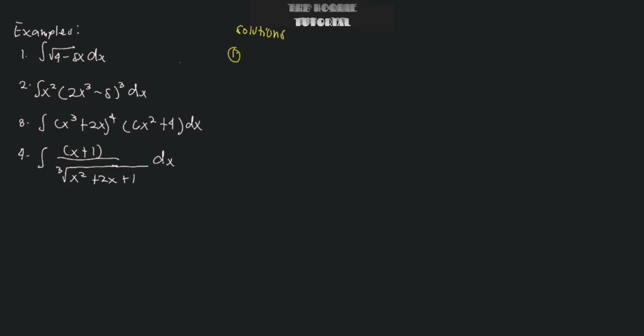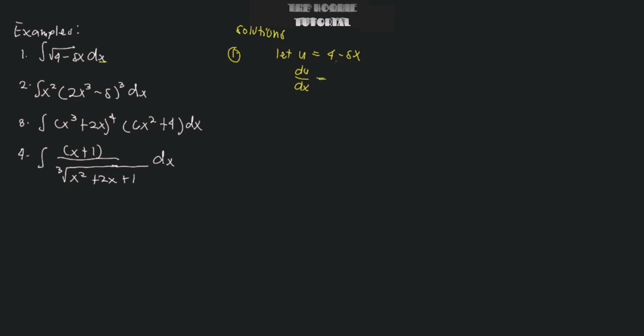In number 1, since we have the integration of the square root of 4 minus 5x, we can find out that the function is 4 minus 5x. So we need to let u equal 4 minus 5x. The second step is to find the derivative of u, du with respect to x, since our differential here is with respect to x.